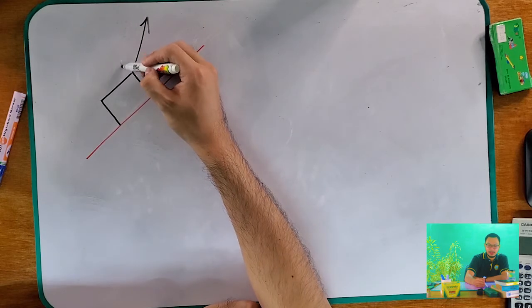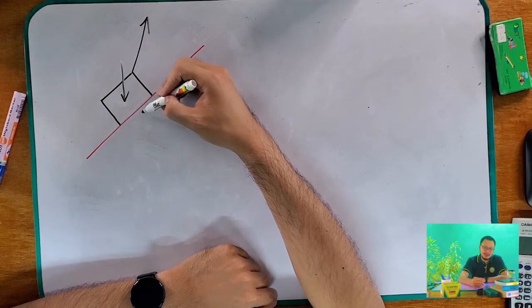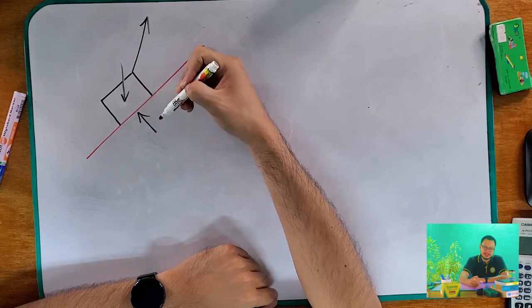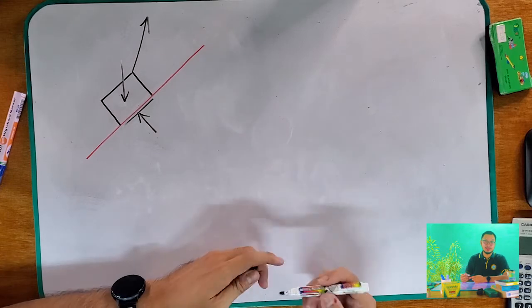And, if you are going to account all these forces nga naa diri, mao ni ang atong weight sa atong crate. And, we also have a normal force that is always perpendicular to your surface. Take note that your normal force is always perpendicular to your surface.